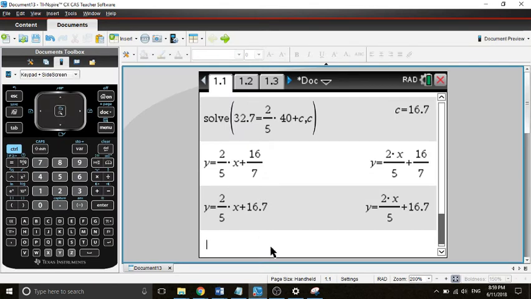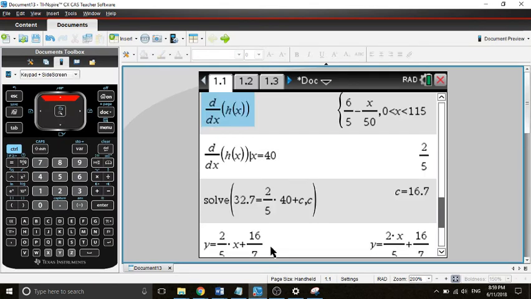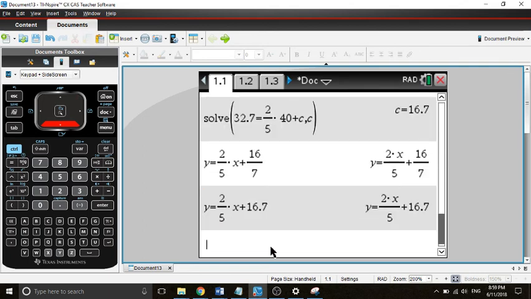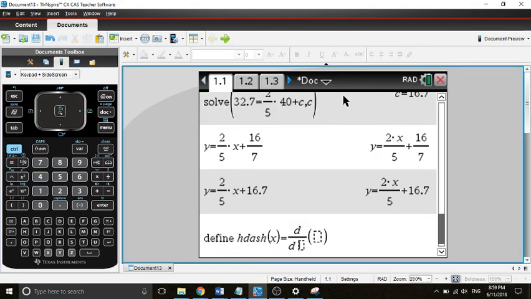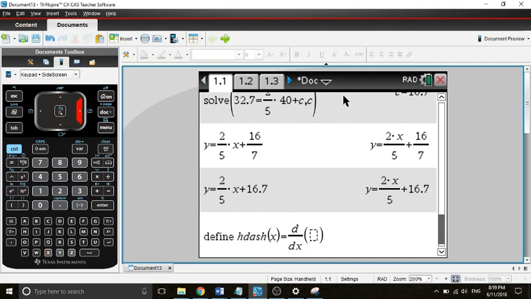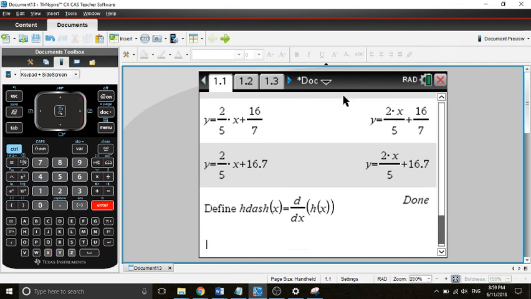So we will solve. We're going to define the gradient. So we're going to say h dash of x equals the derivative of h of x.